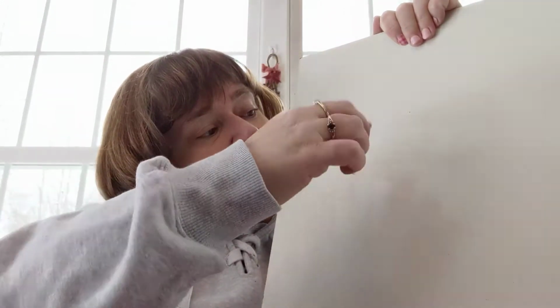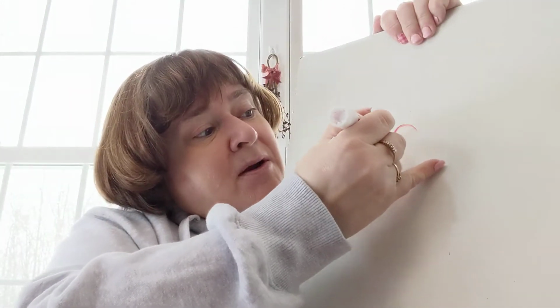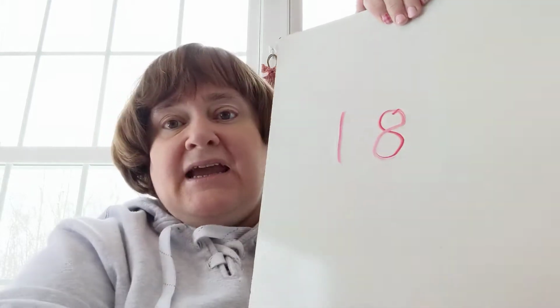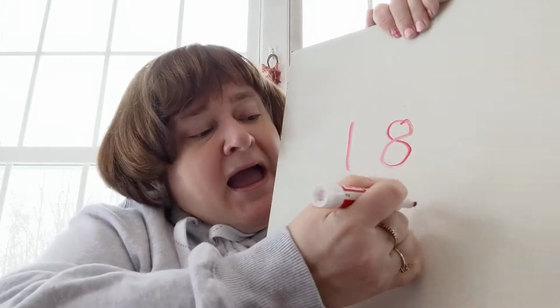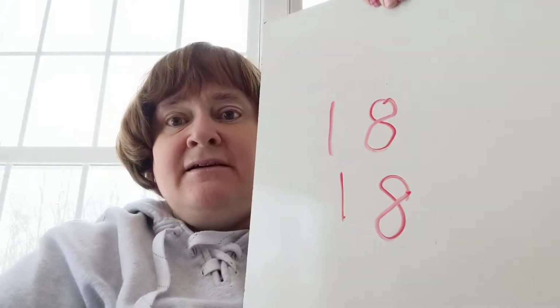So 18 is a 1 followed by the 8. And remember, I'm going to make an S and close the gate. So 1, 8 is 18. 18, we're almost there.